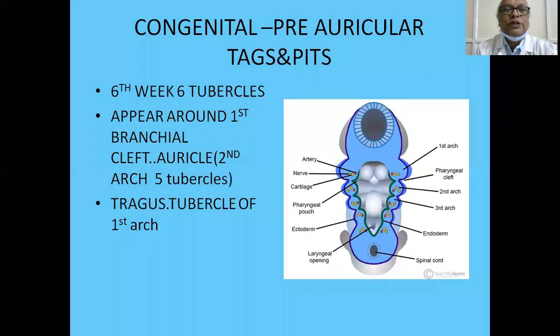All the 6 tubercles fuse and form the pinna. During this fusion, if some defect arises, then the preauricular tags, preauricular sinuses, they result.